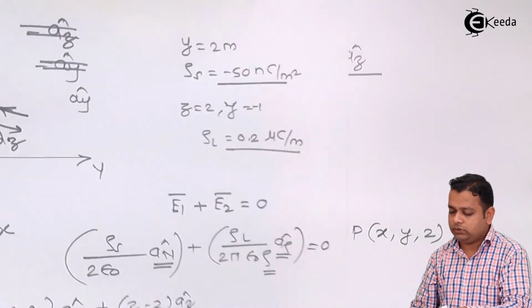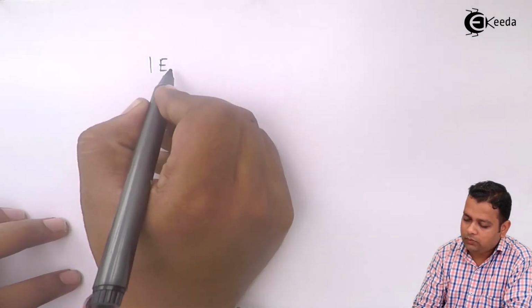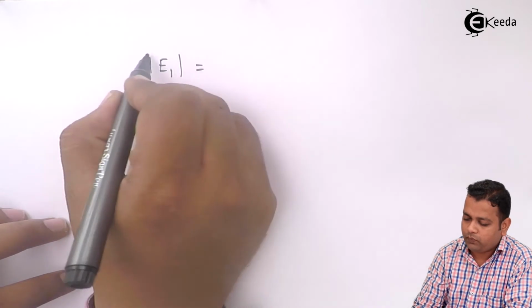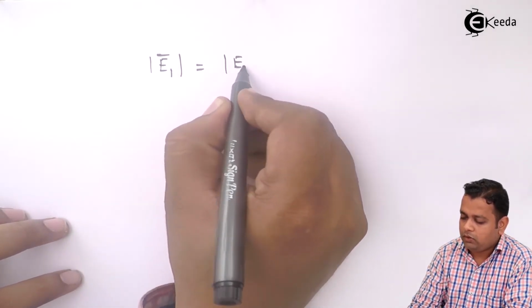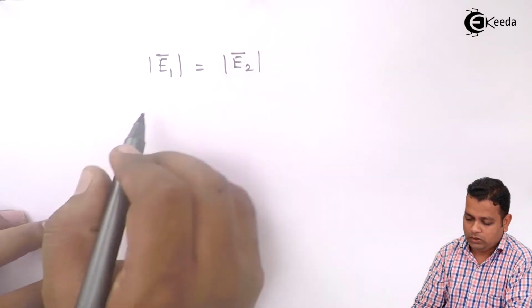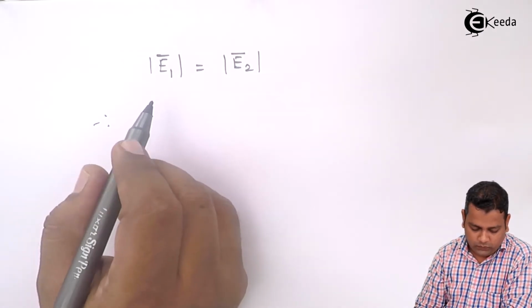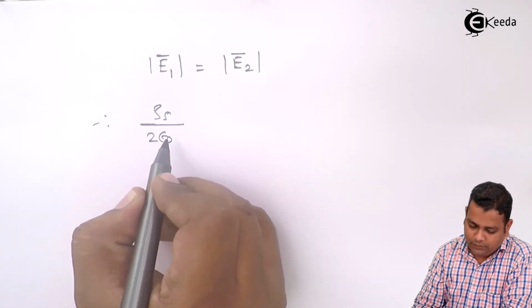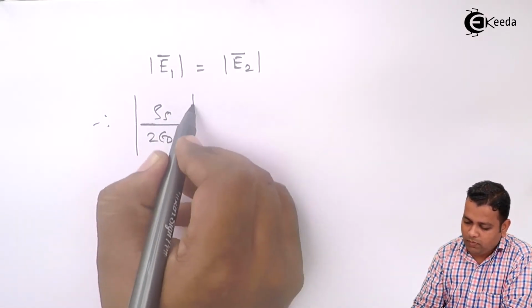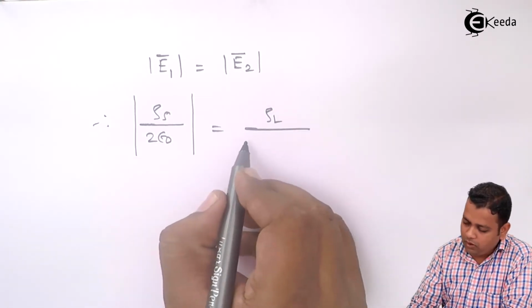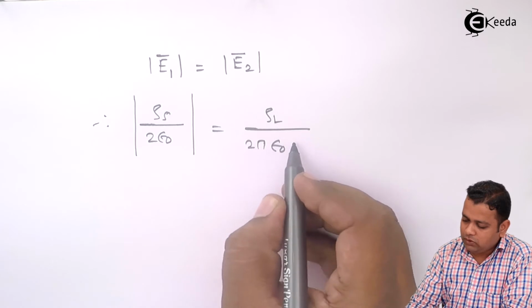The condition becomes: the magnitude of electric field intensity produced by the sheet of charge is equal to the magnitude of electric field intensity produced by the line charge. So I put the formula here. The formula will be rho s upon twice epsilon 0, as we are taking only the magnitude. This will be rho l upon 2 pi epsilon 0.